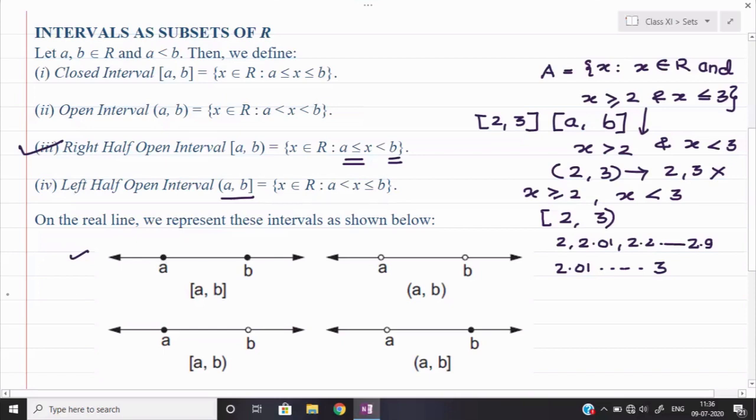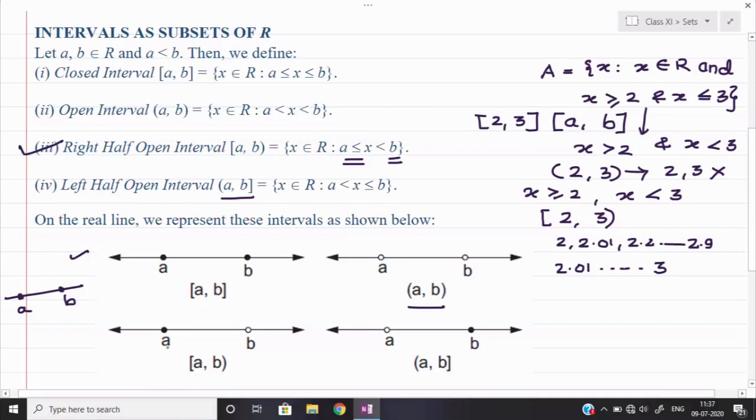Suppose I draw a line and I want to show a on that, I will make it completely filled. This is my a, and in the same way here I will mark b. But suppose both are coming in the open interval, then we shall make a blank dot. You can see the difference: here it is completely filled and this one is blank. In the same way, you see here a is coming along with the closed bracket and b is coming along with the open bracket.